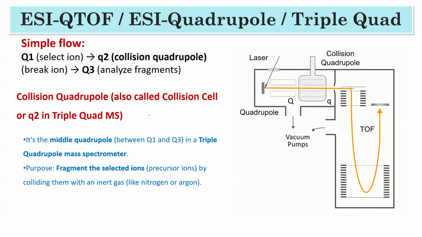This is very important in proteomics. Suppose a protein has polypeptides, and those polypeptides are made of amino acids. Overall, proteins have 20 amino acids, right?